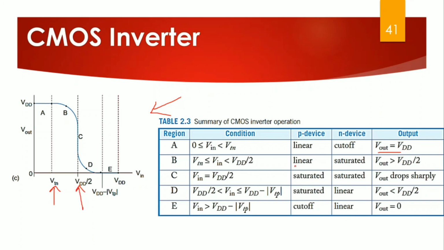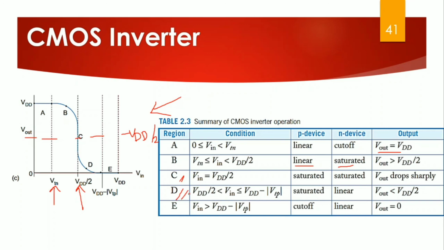Then device P is linear, N device in saturation and the output is greater than VDD by 2. At point C, both the devices are in saturation and the output drops sharply.